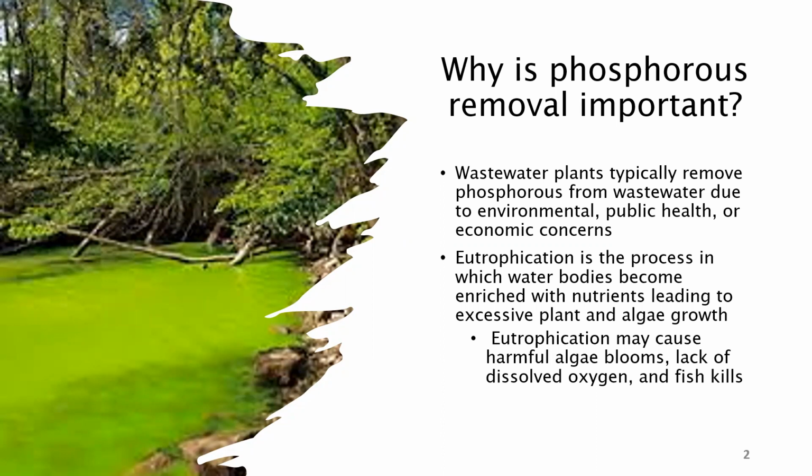So everything is all interconnected, and since they passed some of the laws in the 1970s, we have seen in the United States a very good improvement of our water bodies, our lakes and rivers and things like that.